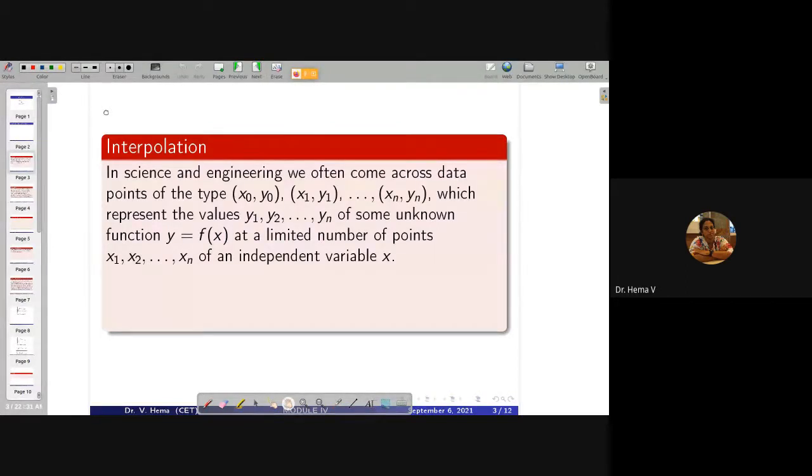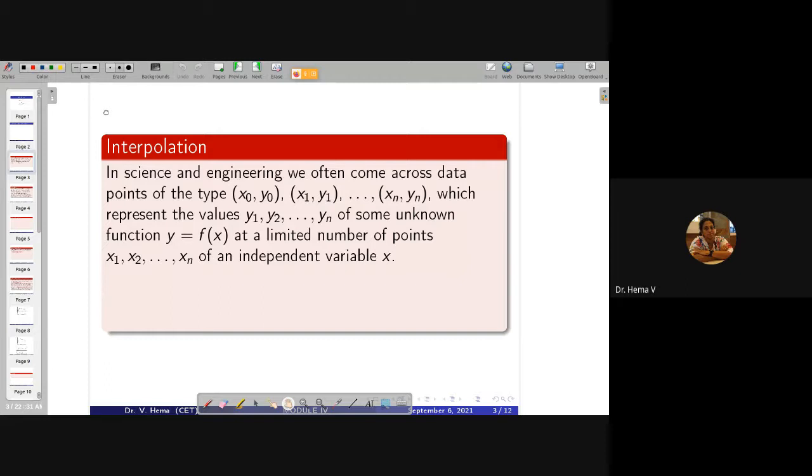Suppose you want to find the population of Kerala in 2017, what will you do? To find the intermediate values, we will try interpolation methods.